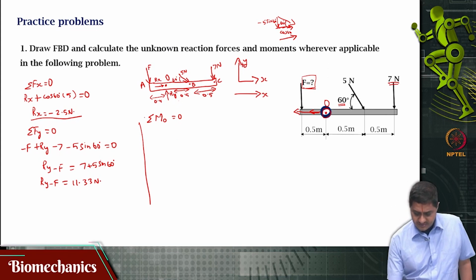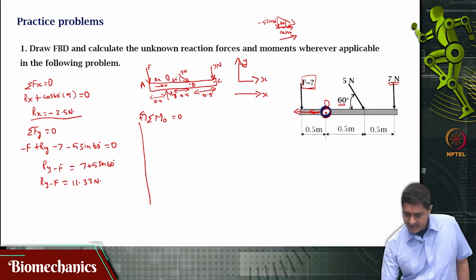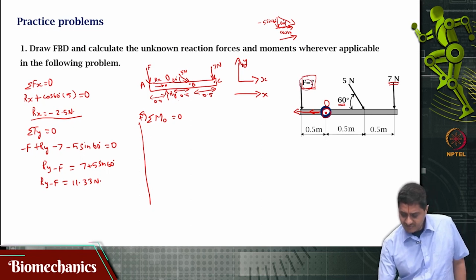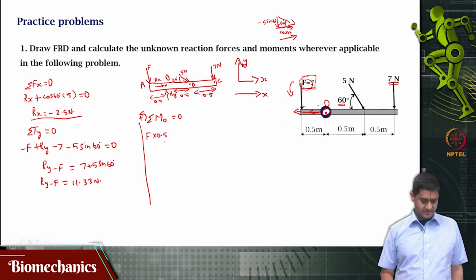Counterclockwise is considered positive. If I consider that, then this F will be causing a moment F times 0.5 in the counterclockwise direction. That would be F into 0.5. Okay.